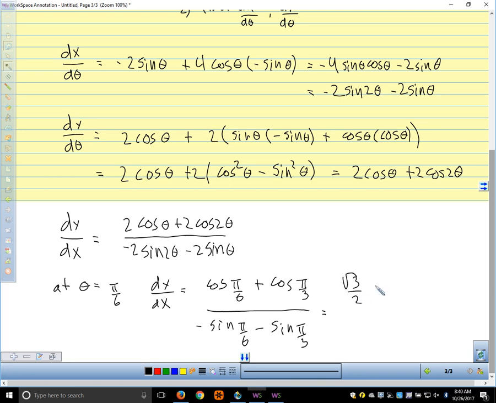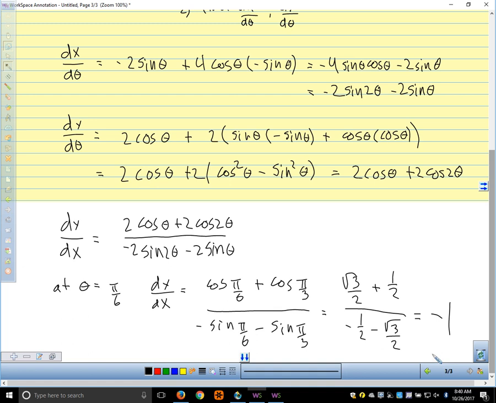Square root of 3 over 2 plus 1/2 over minus 1/2 minus square root of 3 over 2. What is that? Negative 1. I can factor out a negative 1 here. So we knew the slope should be negative.